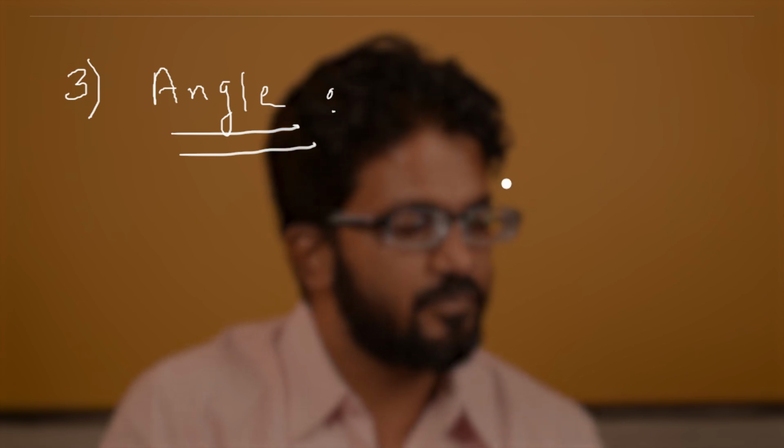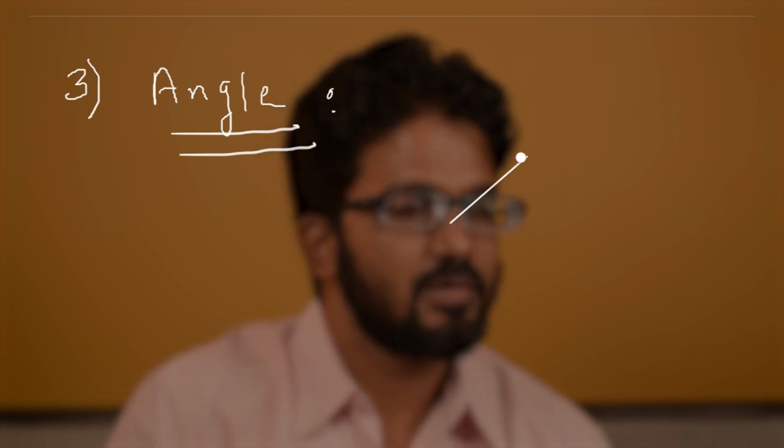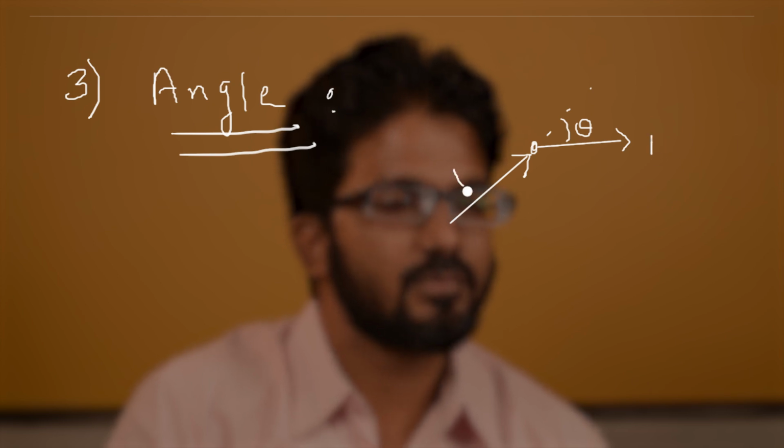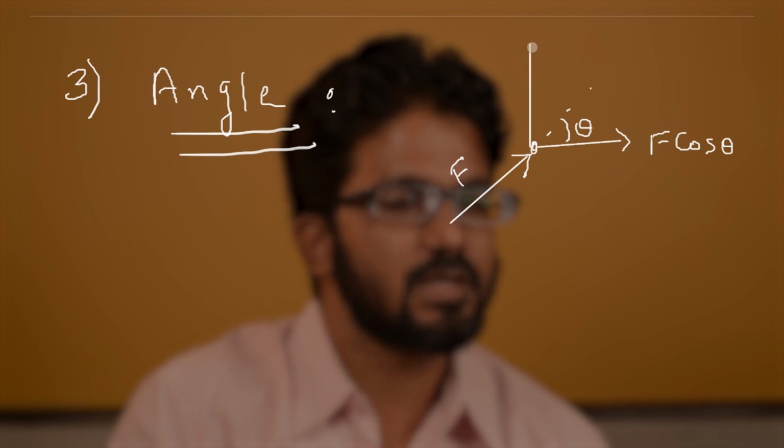If there is some force acting on a point, it will have two components making an angle theta: one will be the F cos theta component and one will be the F sin theta component.